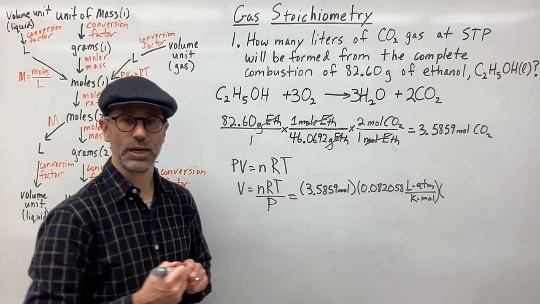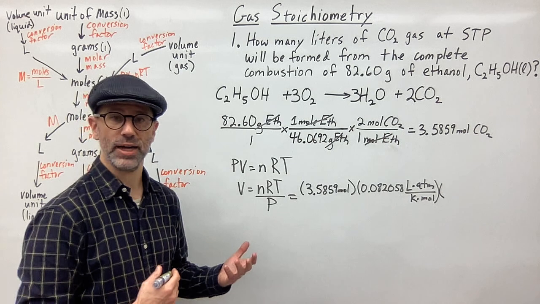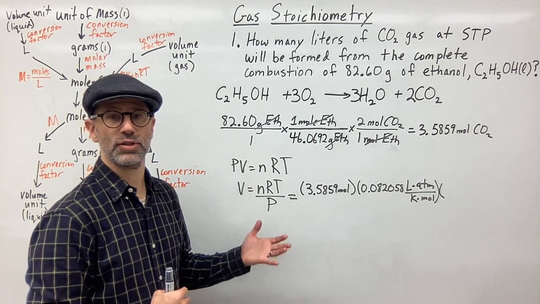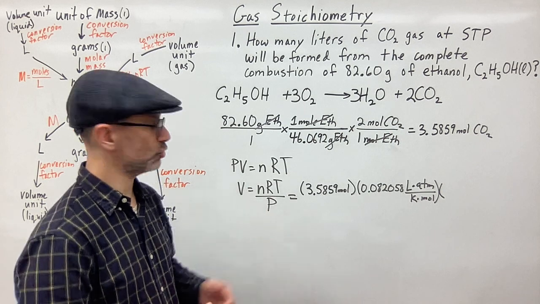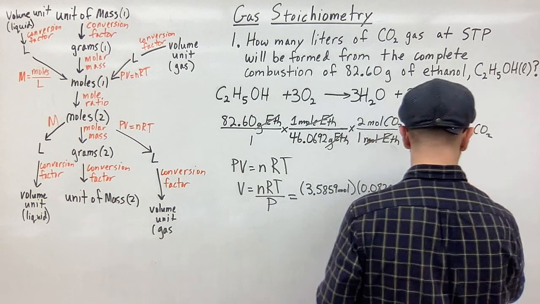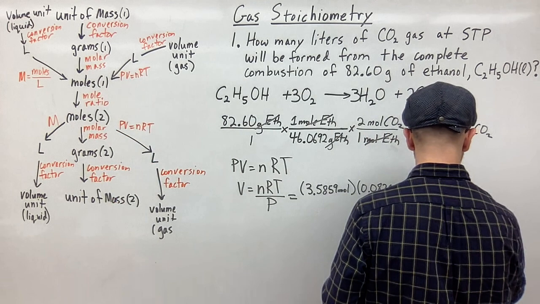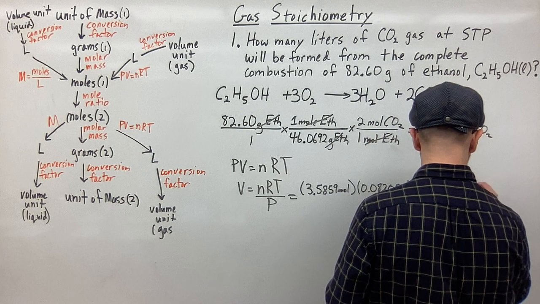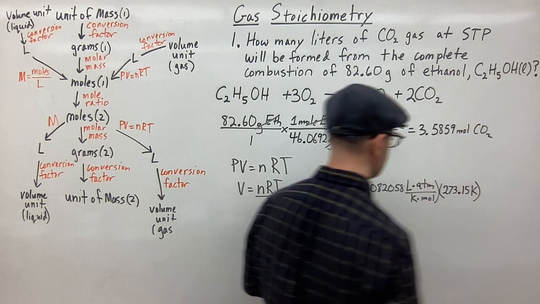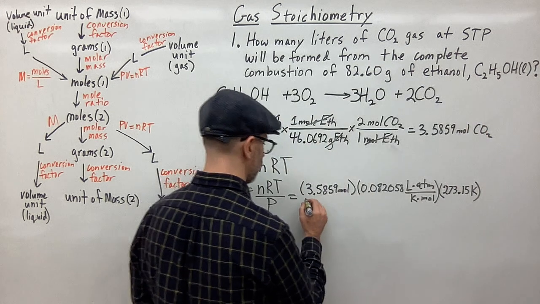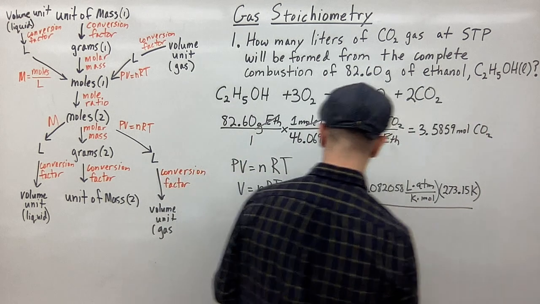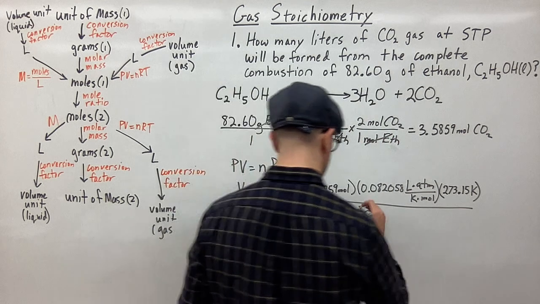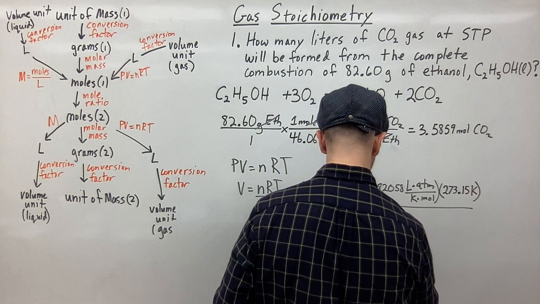Now the temperature is 0 Celsius, but we got to convert that to Kelvin by adding 273.15, which gives you 273.15 Kelvin for the temperature. All of this divided by the pressure, which is 1 atmosphere.